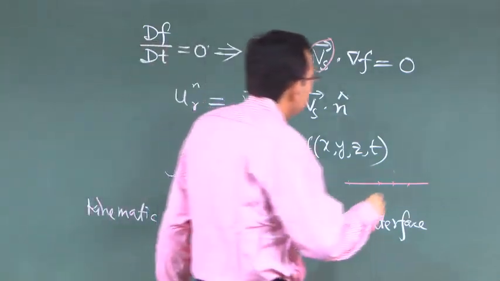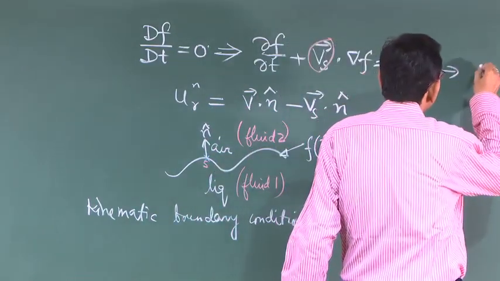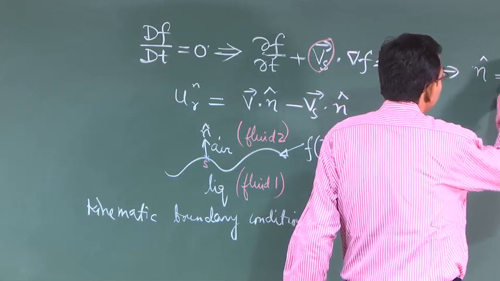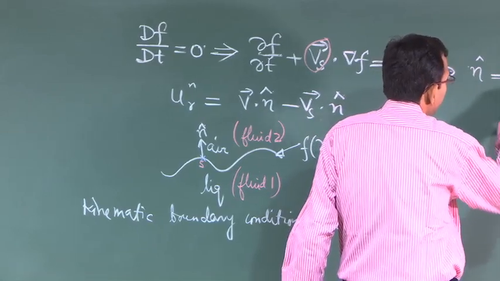Now, from this equation, the normal direction can also be written as grad f by mod of grad f.